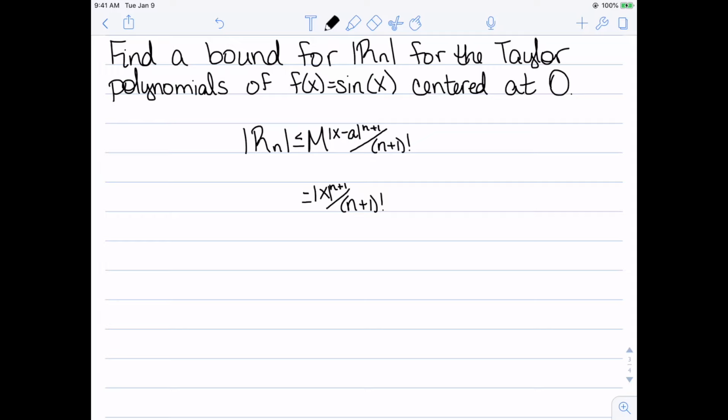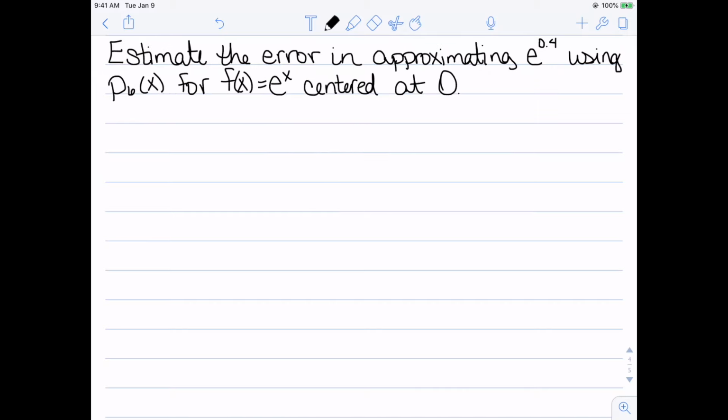Let's do one that's a little bit more concrete and a little less general. This time I want to estimate the error in approximating e to the 0.4 using P6 of x, so I'm going to use my 6th degree Taylor polynomial for f of x equal to e to the x centered at 0. We need to start by finding a bound for all of my derivatives.